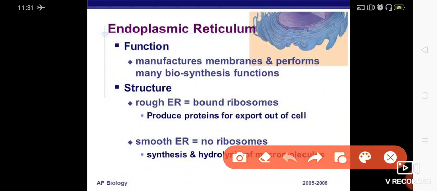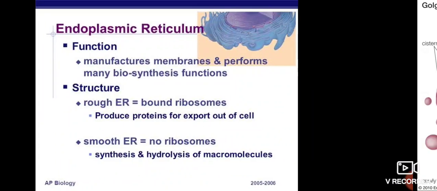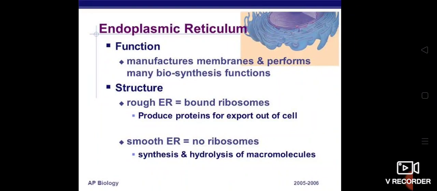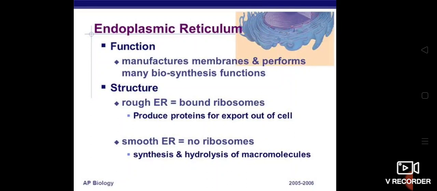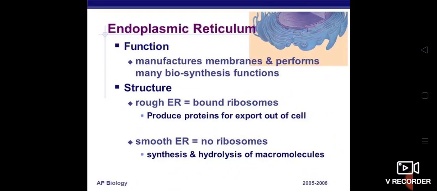Other than that, it acts as a cytoskeleton, because it is a network-like structure, so it provides strength, a kind of framework, to the cell. So this is the structure of endoplasmic reticulum, which is the largest cell organelle, and it is basically responsible for the transportation of substances within the cell, to the outside, and from outside to inside the cell.